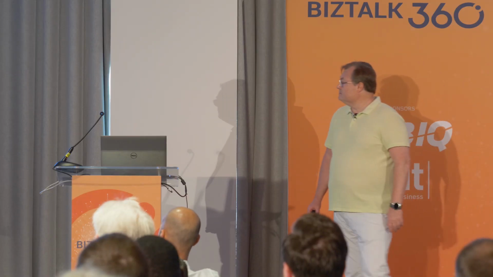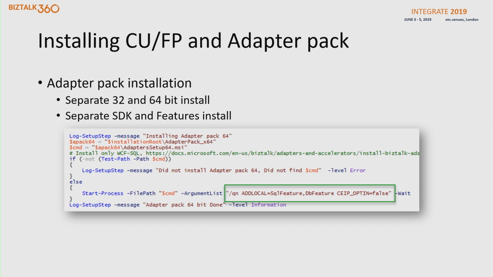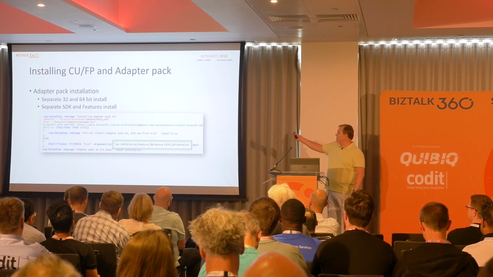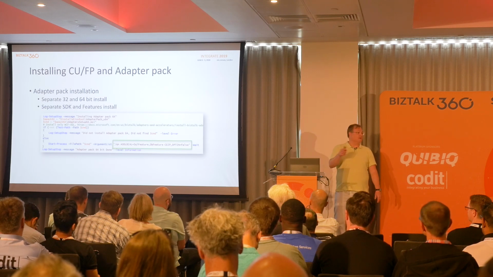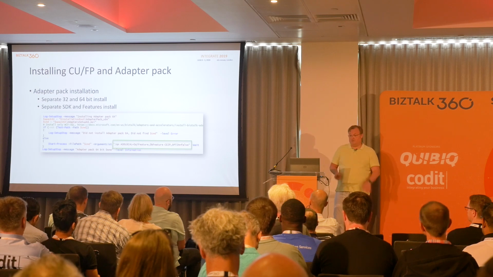And for the features you have a list, like SQL feature will be WCF SQL, and the DB feature is the Oracle, and then you could add, and you could write all, then you get everything. It depends on what you want, and in the samples, you have a link to where you actually can read in the documentation what features you actually have if you want to be selective.